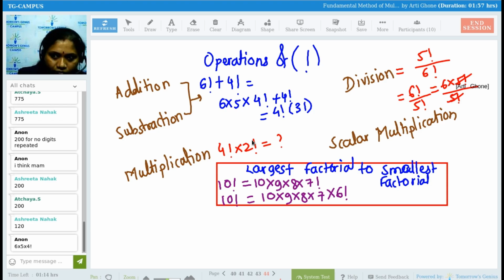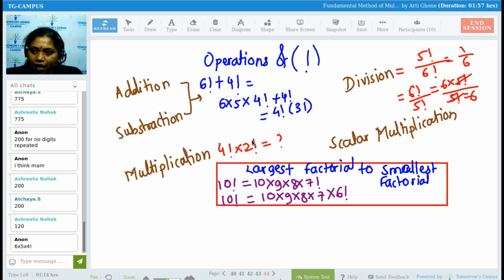So 6 into 5 factorial is completely cancelled, and directly the answer will be 6. But in the first case, you need to do it as 1 by 6. This will be a fractional answer. Clear? That is how you do division. In division, the biggest factorial can be resolved up to the lowest factorial and cancelled.